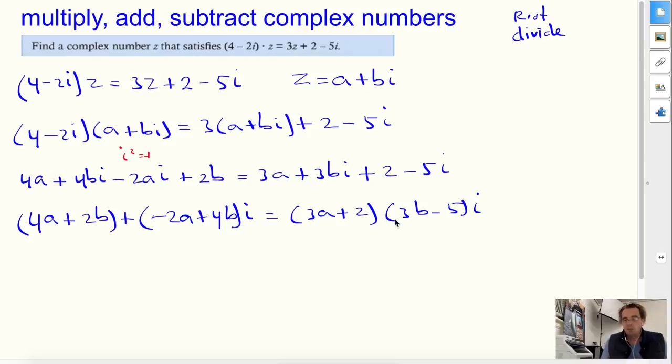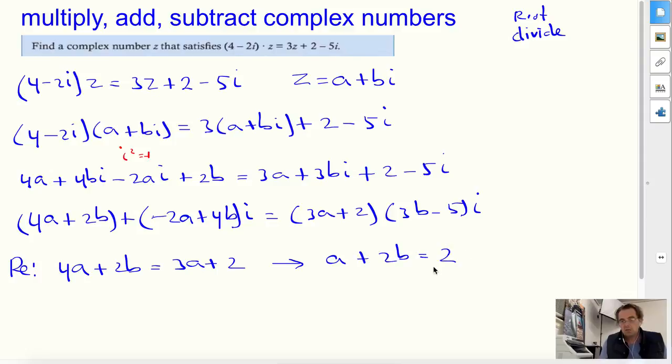If these are the same, then the real parts need to be the same and the imaginary parts need to be the same. So I can make a split here. I can look at the real parts and say 4a plus 2b needs to be 3a plus 2. Now if I write that out, I get a plus 2b equals 2. Now, also the imaginary parts need to be the same.